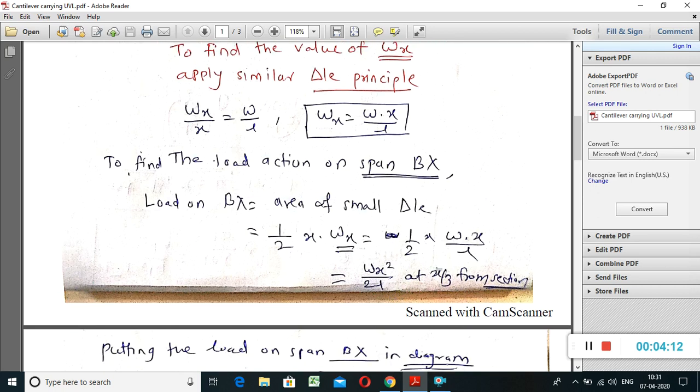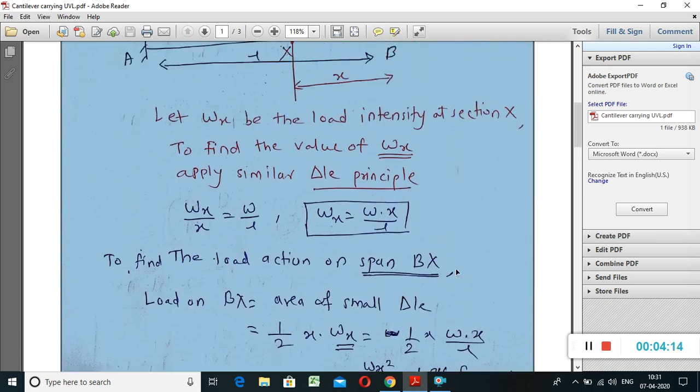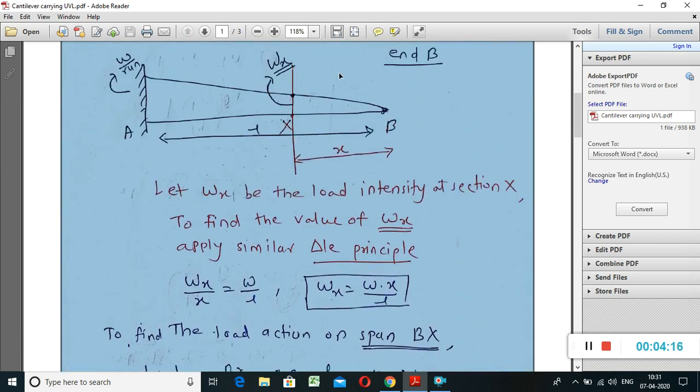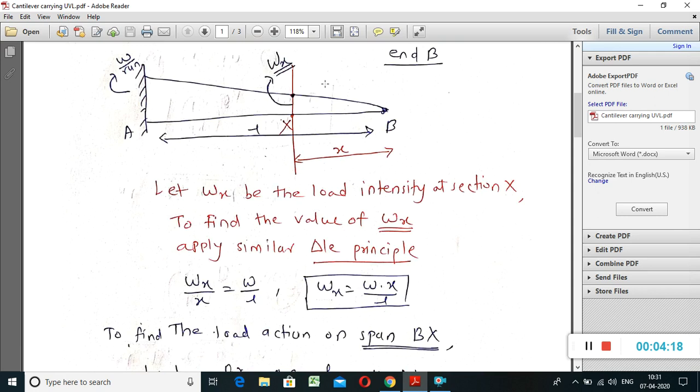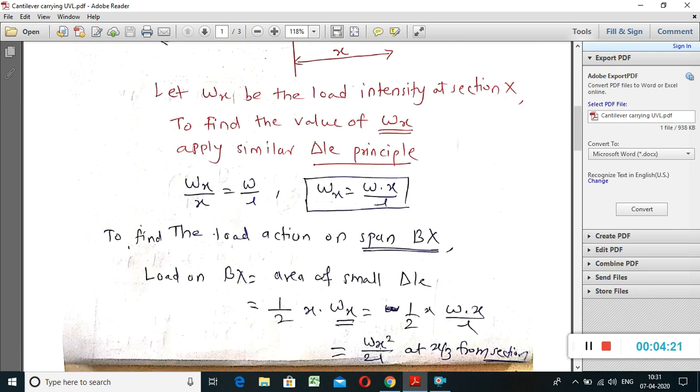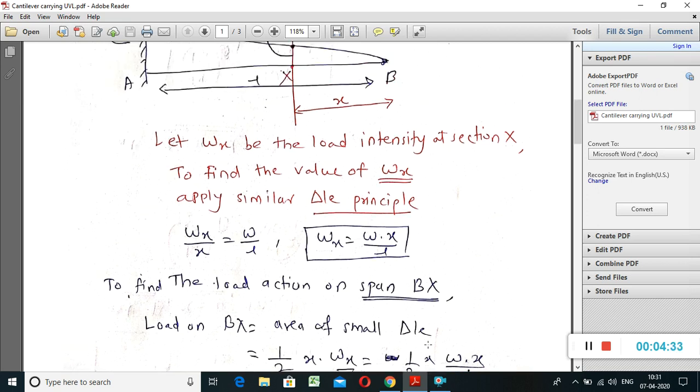The centroid is always at x by 3 from the section. So on the right part we have the load Wx square by 2L at x by 3 from the section. It has been obtained from the similar triangle principle. You can note it down.